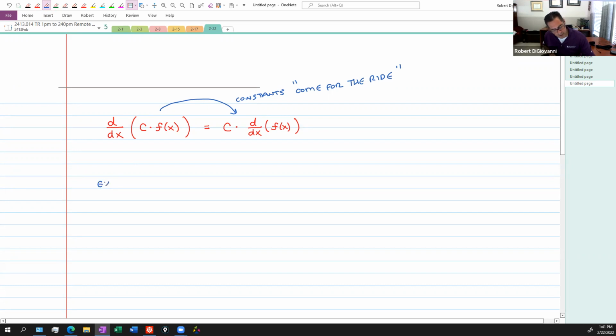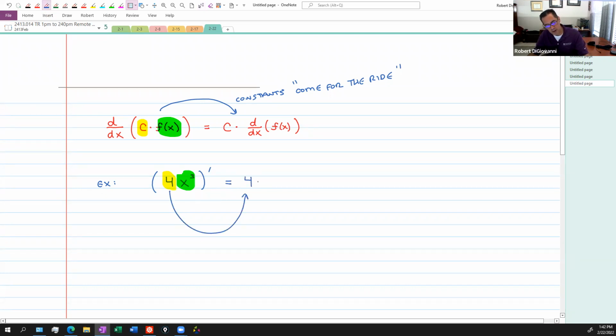As an example of this, if we wanted to take the derivative of 4x to the third, okay? Do you all see that we have a constant in front of some function? It is a constant attached to some function through multiplication. According to this rule, what I can do is bring the 4 along for the ride.